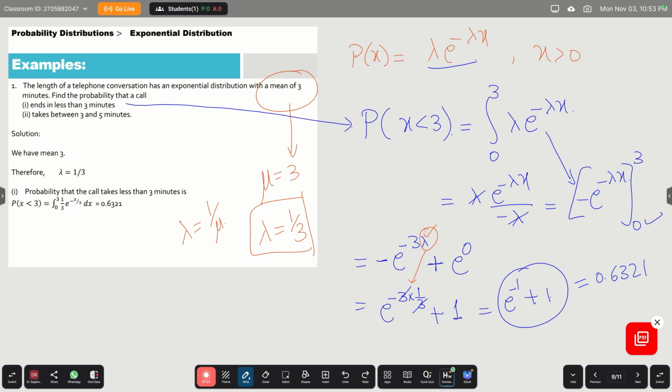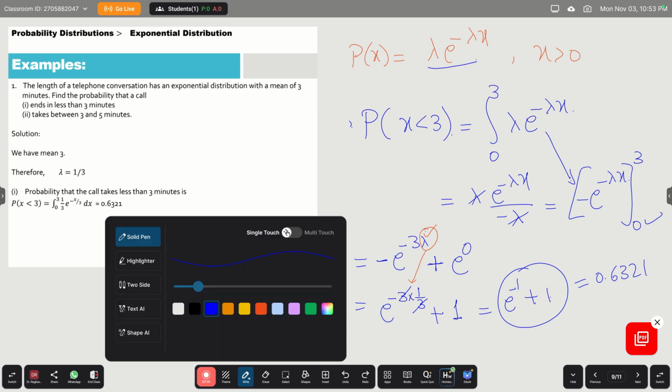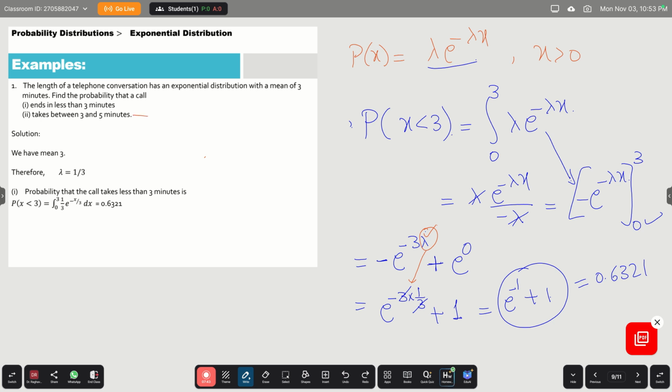Similarly, we can check what is the probability that the call will be between 3 and 5 minutes. Call between 3 and 5 minutes means you just have to integrate the function, but this time the limit is from 3 to 5 minutes.